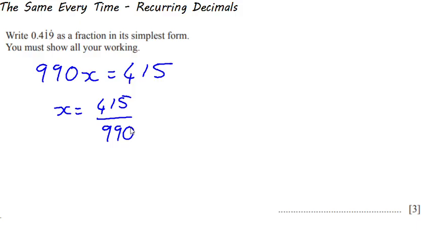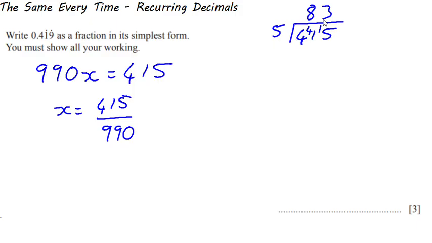I'm going to do this non-calculator. And I can see that both of these numbers will divide by 5. Any number that ends with a 5 or a 0 will divide by 5. So 415 divided by 5, I will actually do a calculation here. 5's into 4, not really, so we need to carry the 4. 5's into 41, 8 5's are 40, and I wanted 41, 1 left over, so 3 5's are 15.